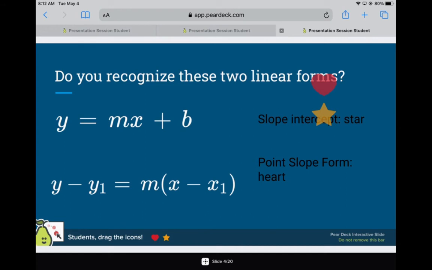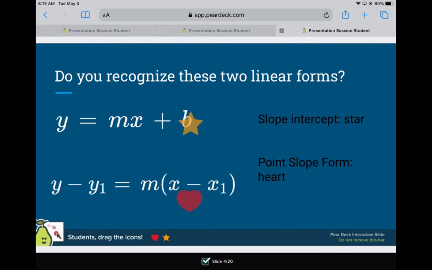We have slope-intercept and we have point-slope. So let's bring it to the right place. The slope-intercept is this one, and the point-slope is this one.